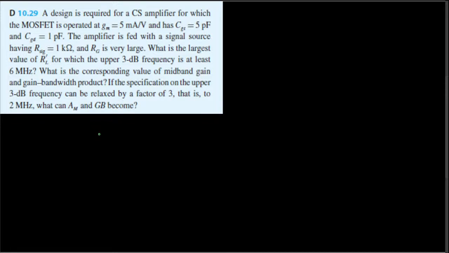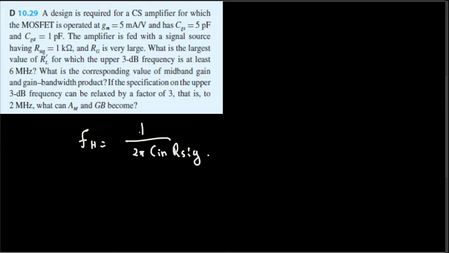In order to do this one, we have to know the expression for the frequency, that is given by fh is equal to 1 over 2 pi Cin Rsig. Here we have to solve for the Cin because that is required to find the RL prime later on.